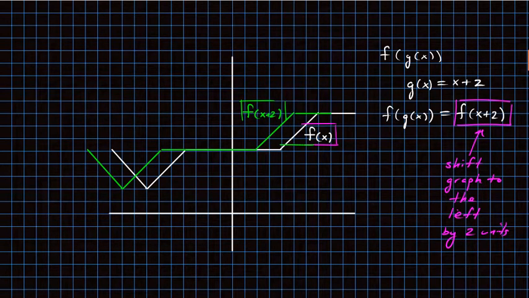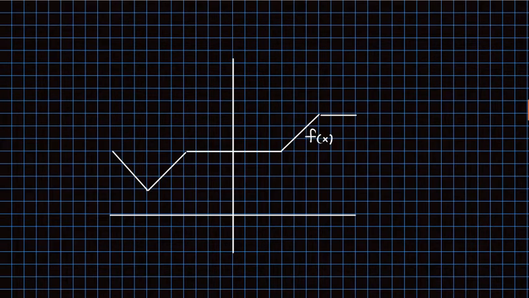Instead, let's look at a different example. Here we're going to look at what happens if we take f of x minus 3. If you have a minus 3, this shifts the graph 3 units to the right.